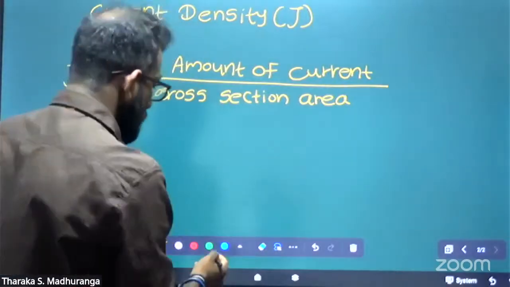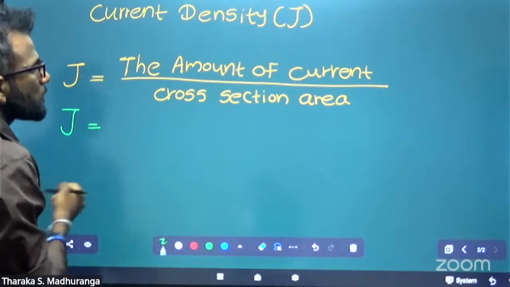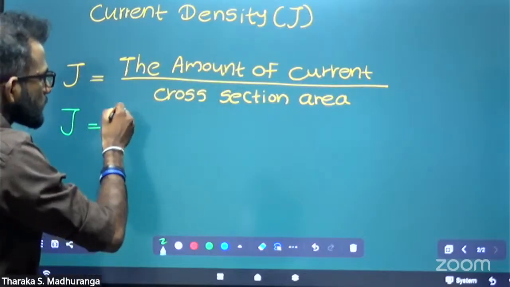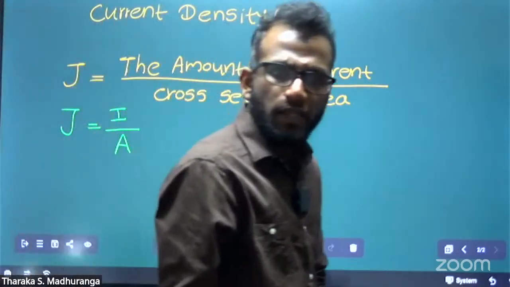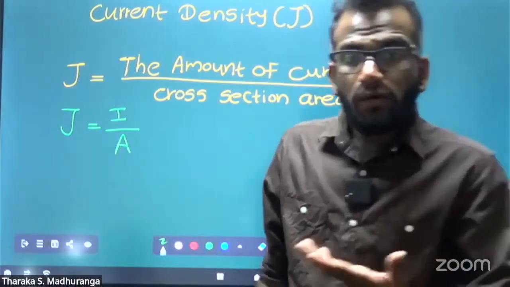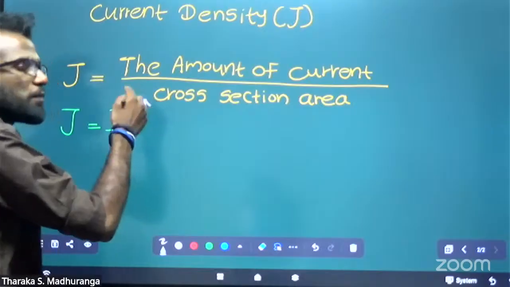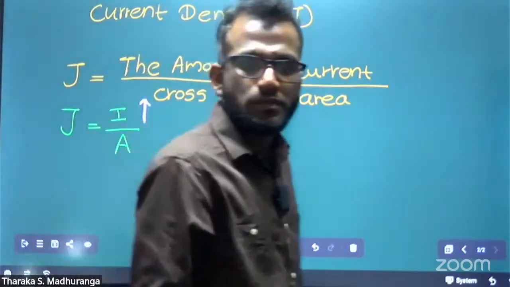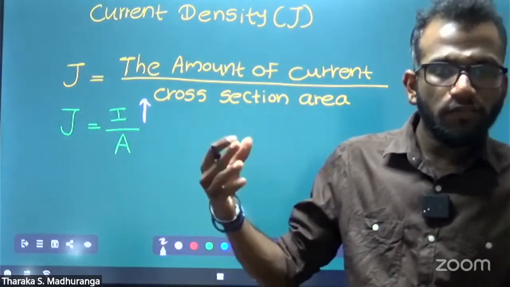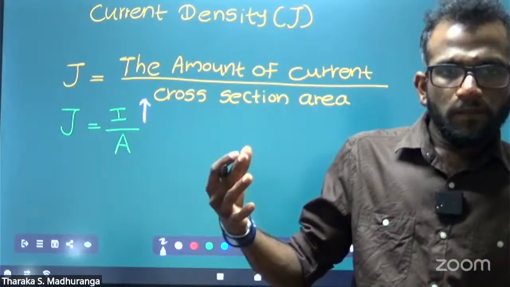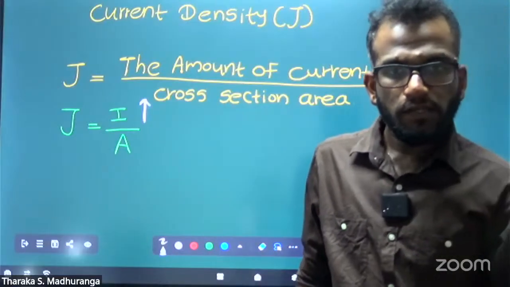Now, this is the current density. The amount of current means I, and the cross section area means A. When the current increases, what happens to the current density?